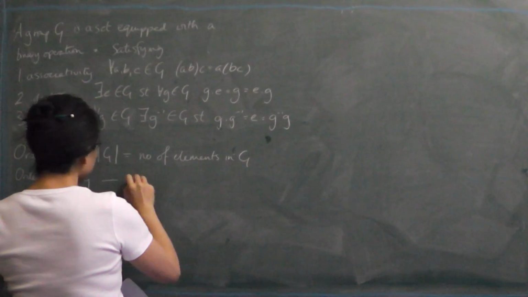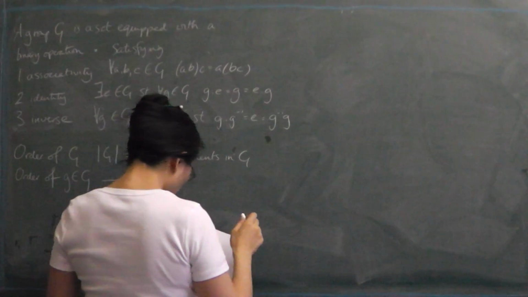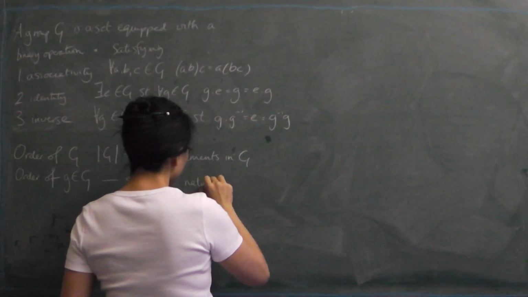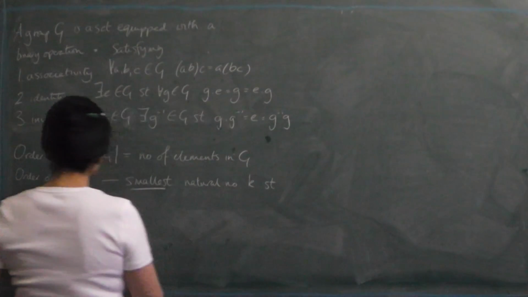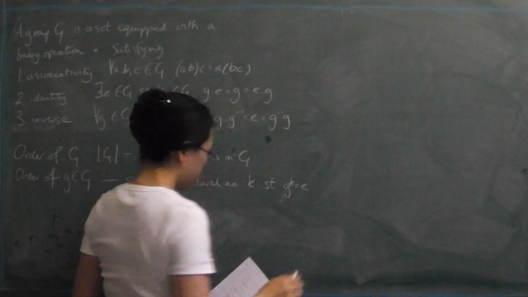So it is the smallest natural number k such that g to the k is the identity.